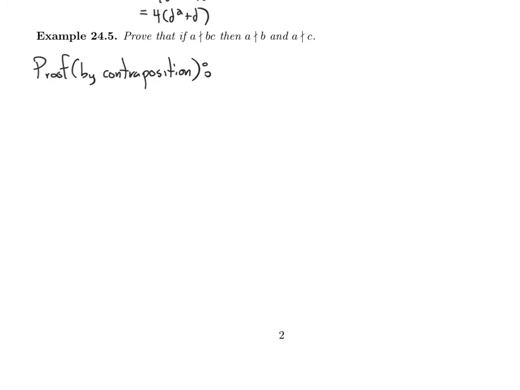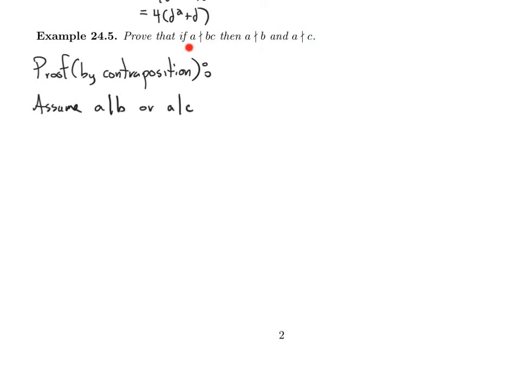Okay, so we're going to assume the then part is false, and show that the if part must be false. So assume that, well, it's not true that A doesn't divide B and A doesn't divide C, so that means that A divides B or A divides C. So remember, that's the negation of this here.